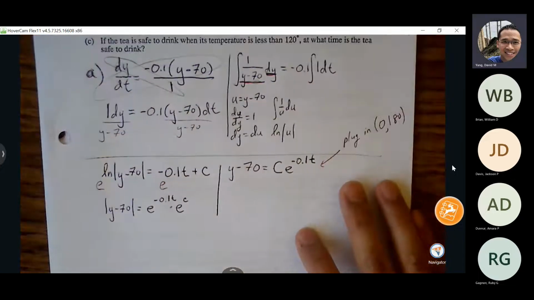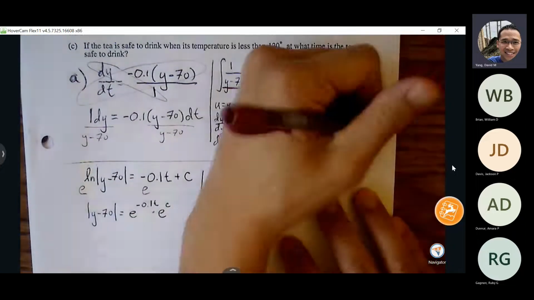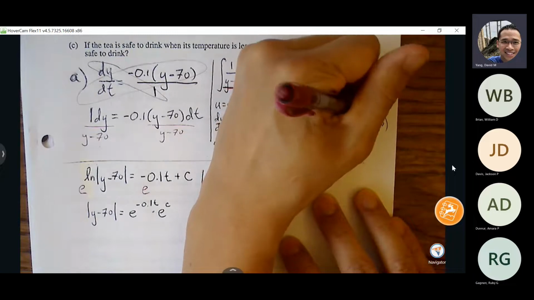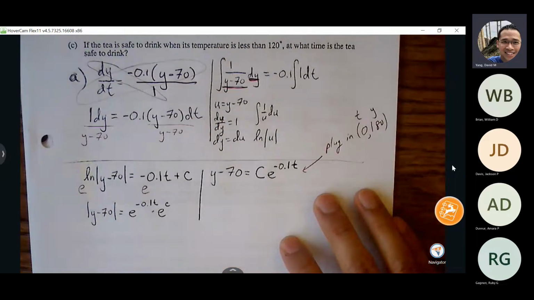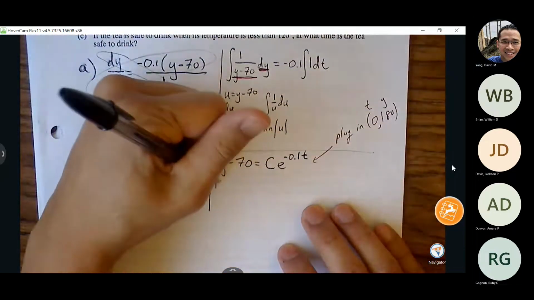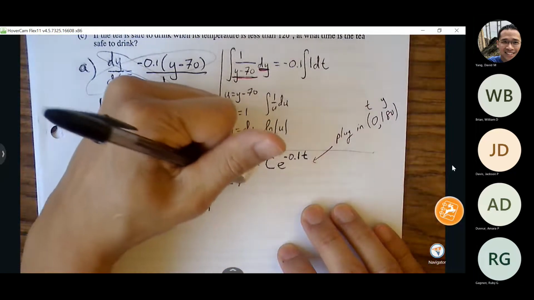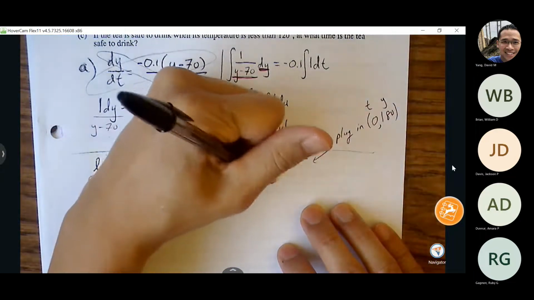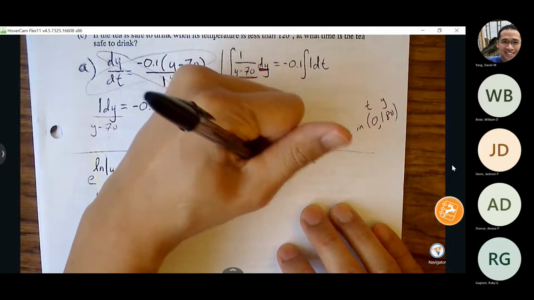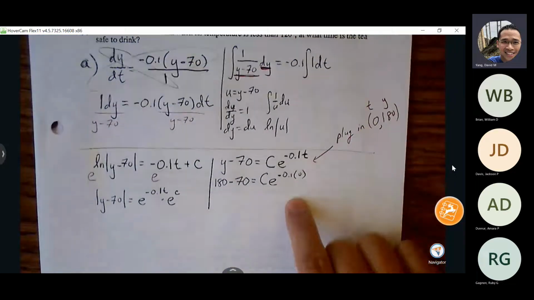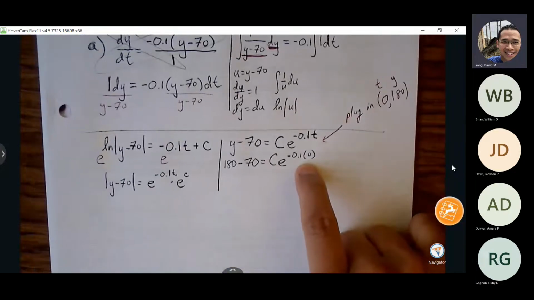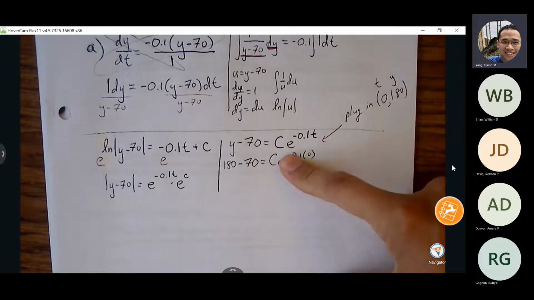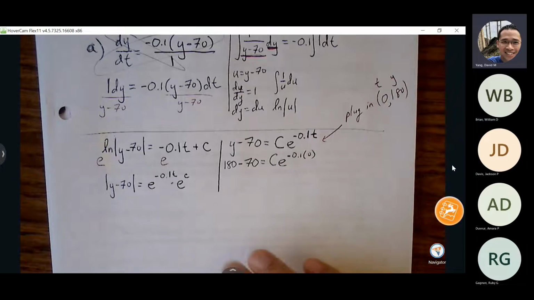The ordered pair that's provided for me is 0, 180, 0 in for t, and 180 in for y. Anything times 0 is 0, e to 0 is 1, so that's just going to give me c. C is equal to 110.